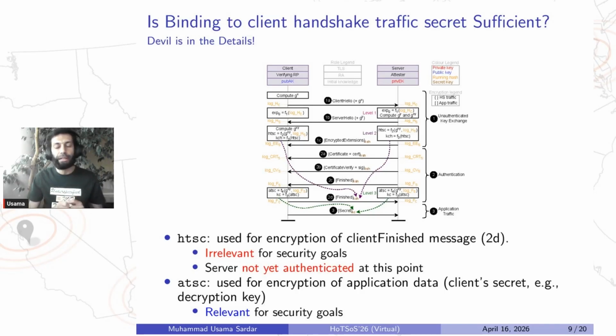That's the argument I make for relevant for security. The client cares about the secret that it will send after establishing the whole TLS connection, and if that key somehow leaks, then everything breaks. So that's the key argument that we make here, that this needs to be fixed.